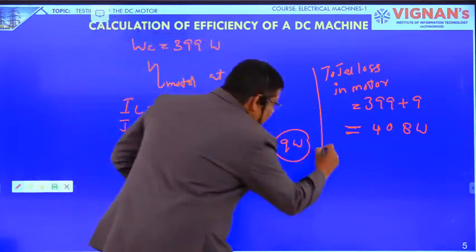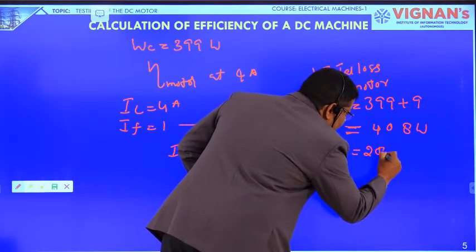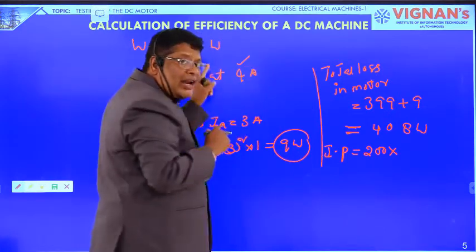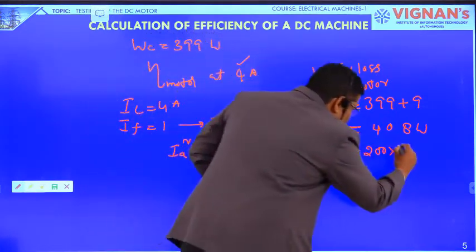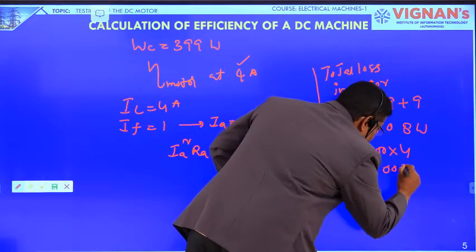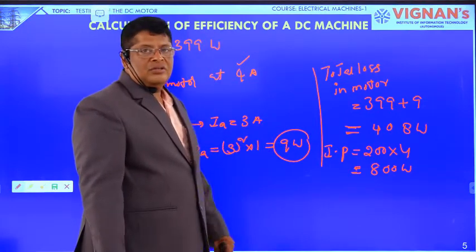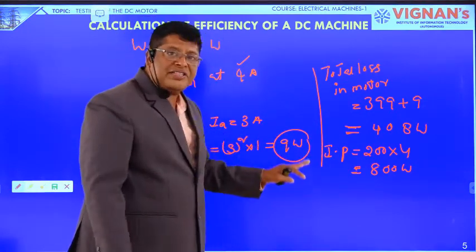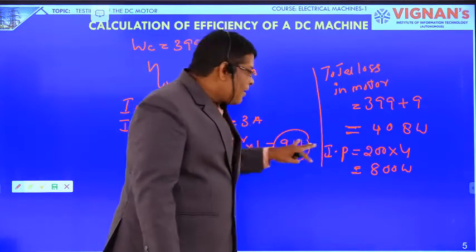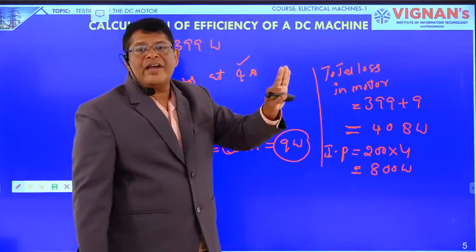Now the input power equals 200 times 4 amperes, which is equal to 800 watts. This is the input power. So this much input power is taken by the motor, and this much loss will occur. The input power minus this loss is the output power of the motor.